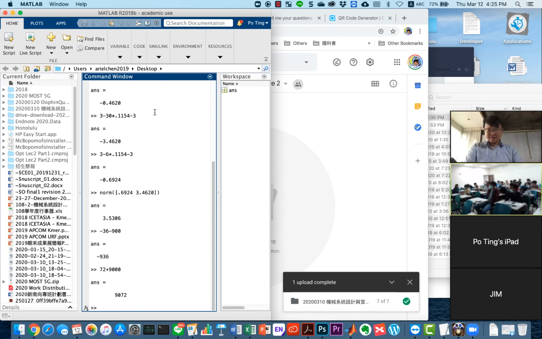Okay, and what's the answer? So I have 0.1032. Okay, so again, not yet converged. So I should recalculate those. So previous one is like this. Minus f prime is over here.